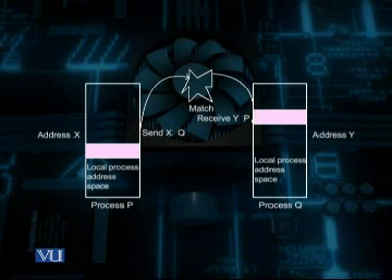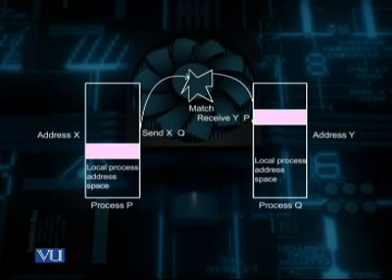That is, in this example, the address Y on processor Q. Note that usually send includes a process tag and receive has certain rules which it applies onto the tag. These rules are match one or match any.